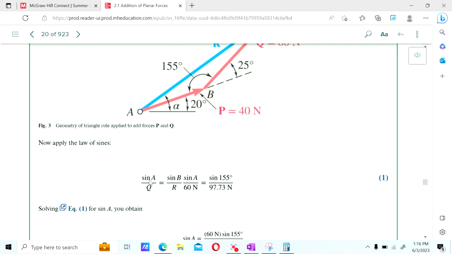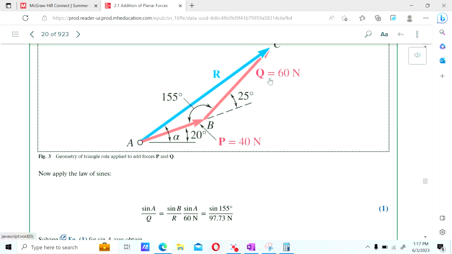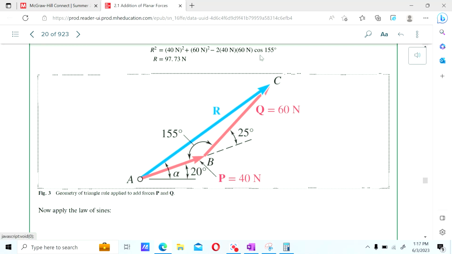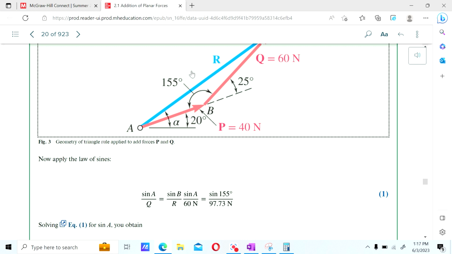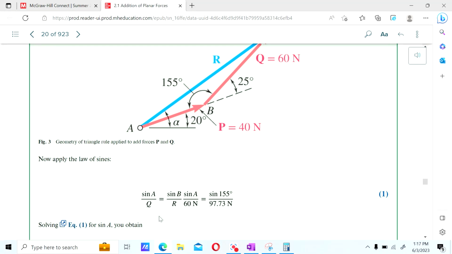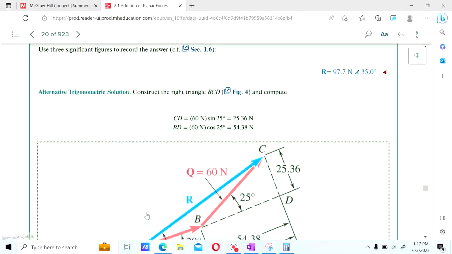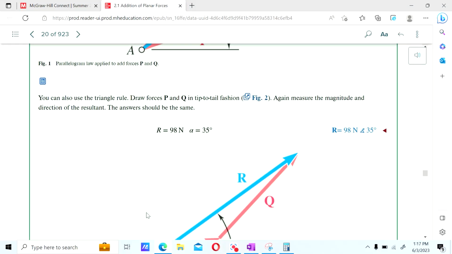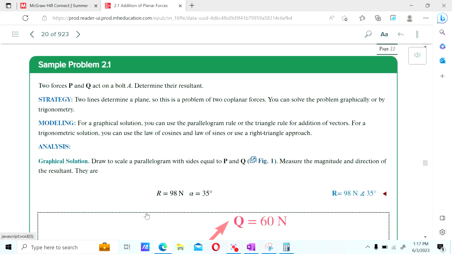So sine of A divided by Q is 60, and sine of B, where is B? 155 divided by R, which is 98, times sine of A, 60 equals, okay. They're doing sines and sine law for what? To determine the resultant.